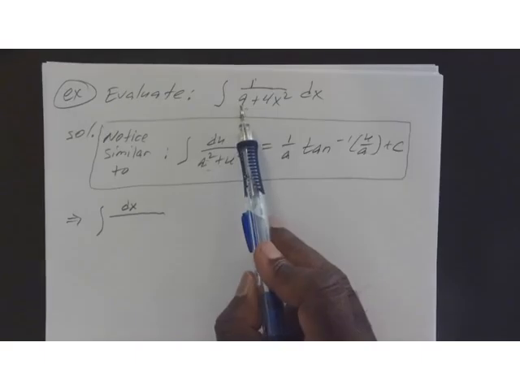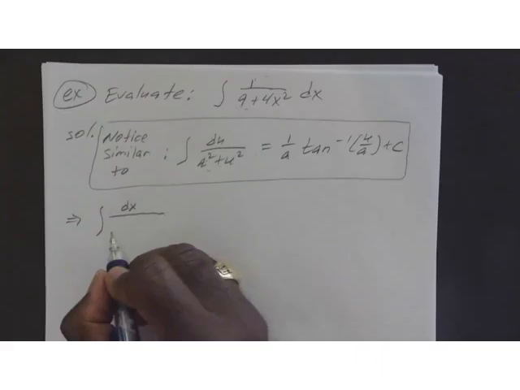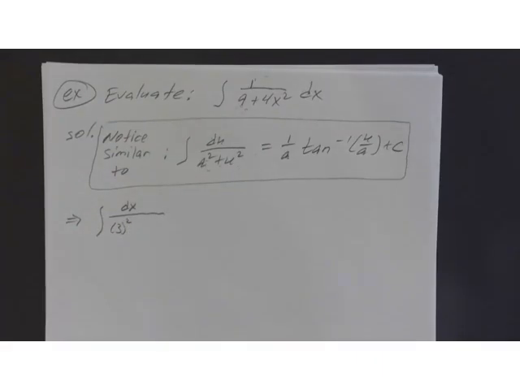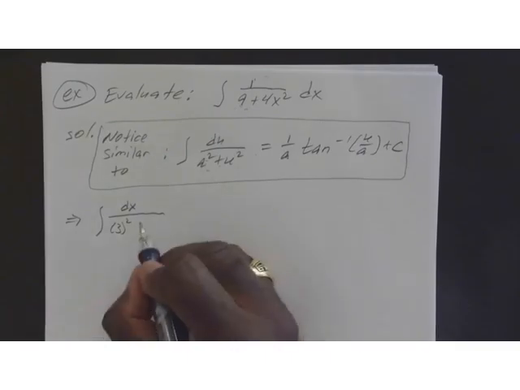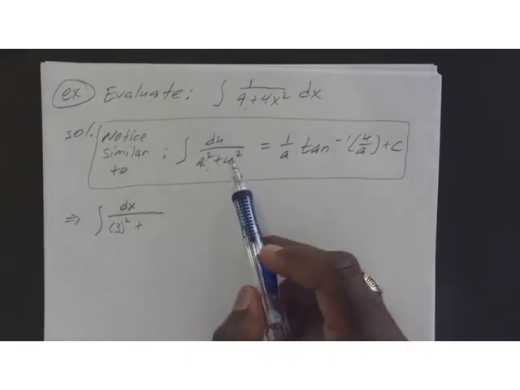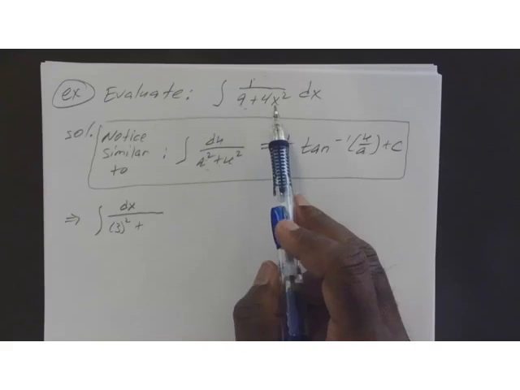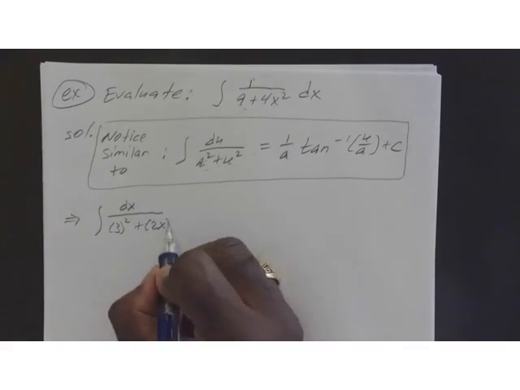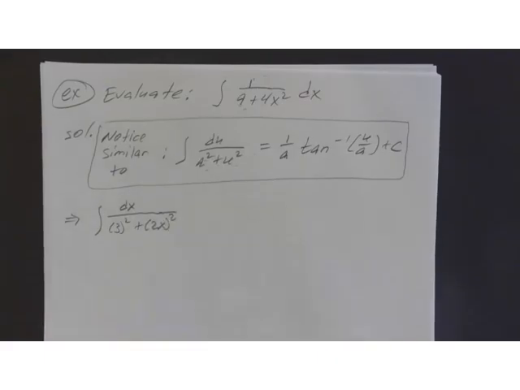So we have a 9 there, but we can rewrite that as 3 squared, so it'll match here. Plus u squared. So we have 4x squared, but we can rewrite that as 2x and that whole thing squared.